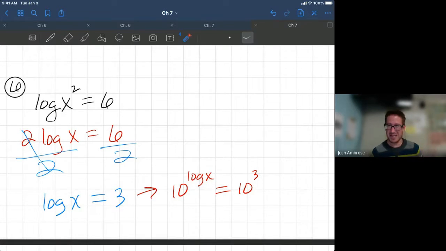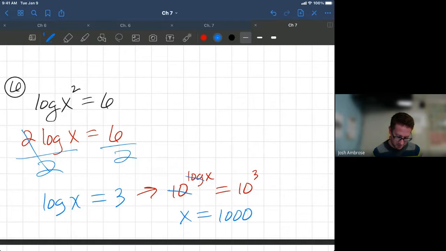Okay, remember that inverse property comes in real handy when you're trying to cross out logs. So there's a base 10, there's a base 10. So that's going to allow these two guys to cross out, leaving us with just x equals, and then 10 to the third power simplifies to 1,000. x equals 1,000.